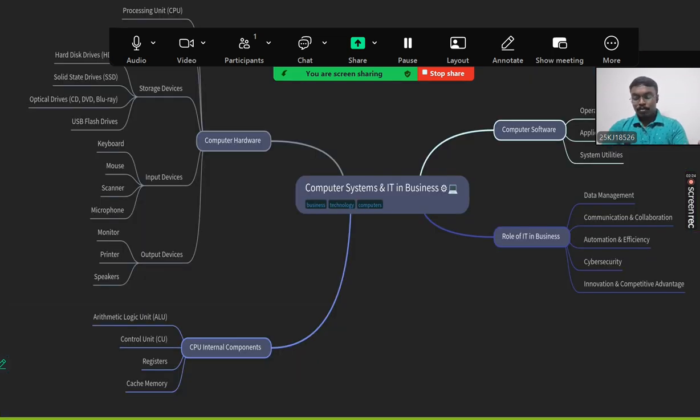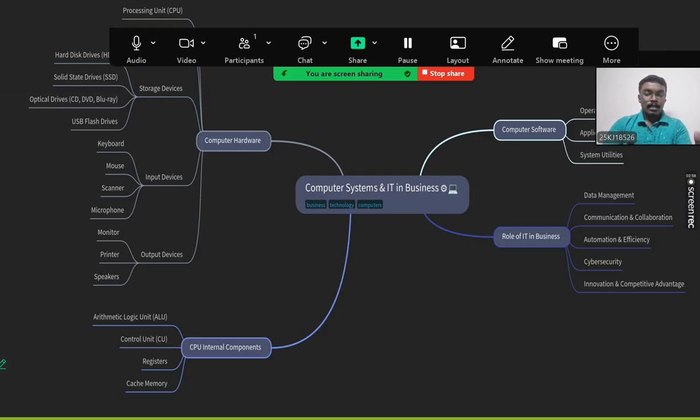The first and foremost hardware in a computer is the CPU, also known as the central processing unit. All the components and hardware are placed inside a CPU, and everything starts inside the CPU. The CPU is the brain of the computer, and it's responsible for executing instructions and performing calculations.